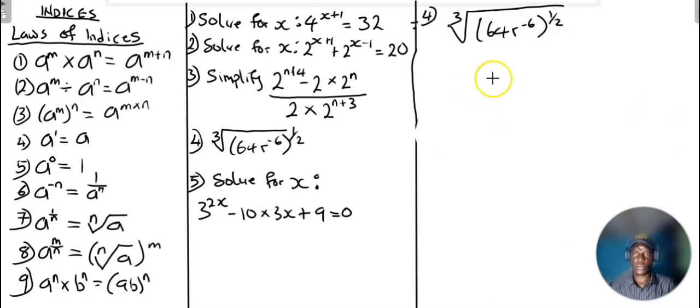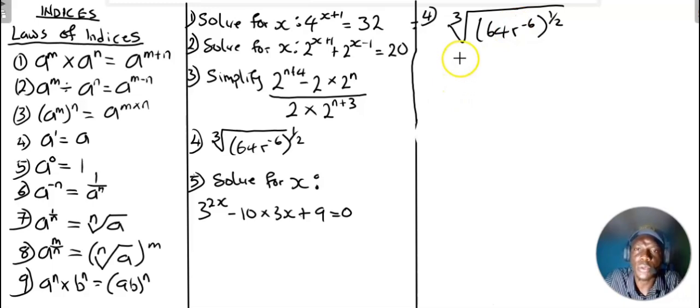This is a very light one. What we are going to do is apply the fractional index law. This is the nth root of a; you convert it to a raised to power 1 over n. So this is the third root of 64r raised to power minus 6, we will convert it to this raised to power 1 over 3.